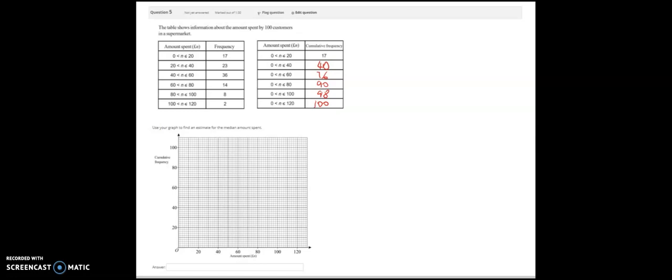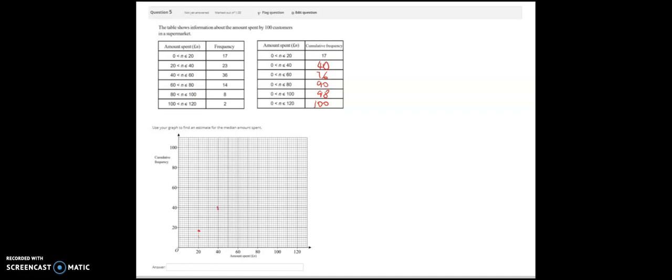So up to 20 amount spent would go to 17, so 12, 14, 16, so right about here, and then up to £40 goes to 40 people.